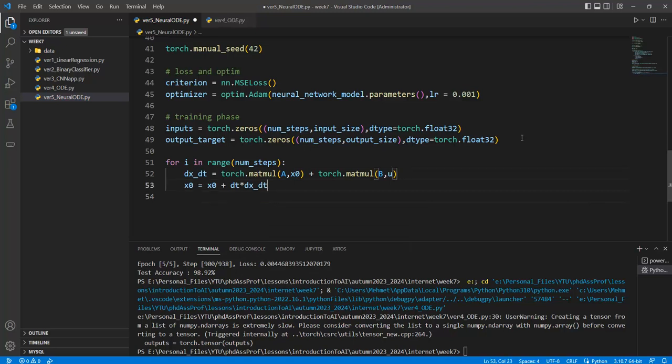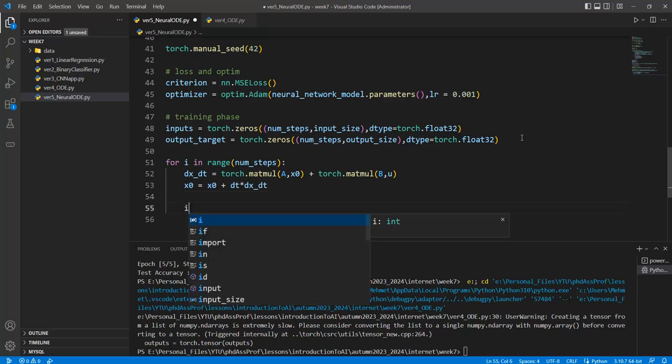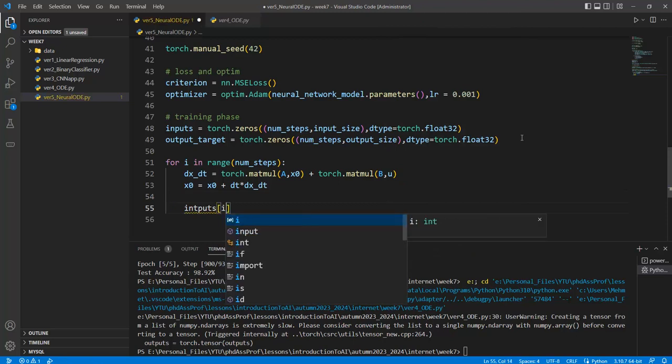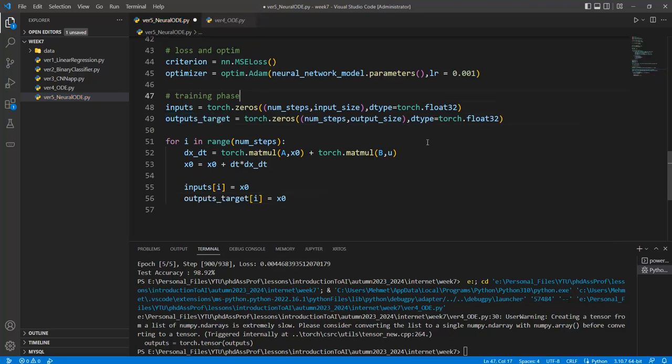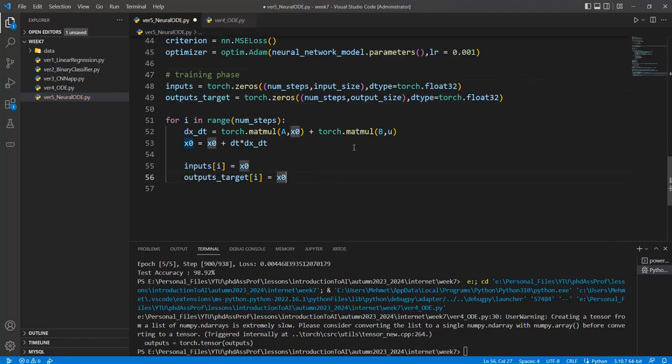This is our simulation time. You can simulate these terms like this, and so inputs i should be assigned to the x0, and output target is assigned with x0. So at each case we contain the total true values.